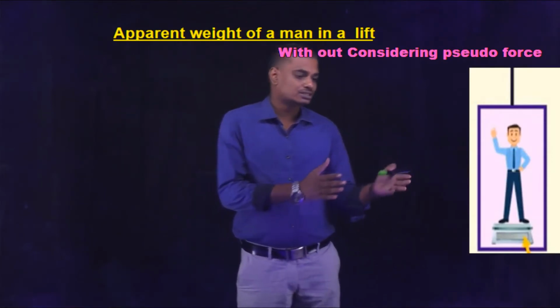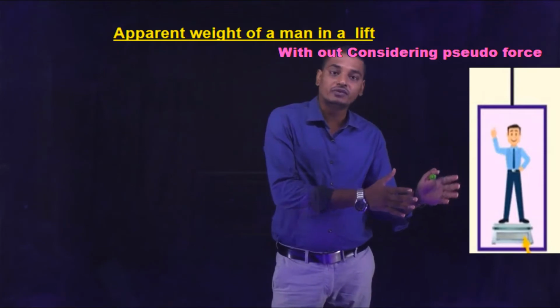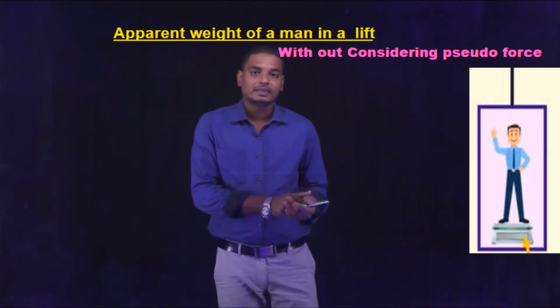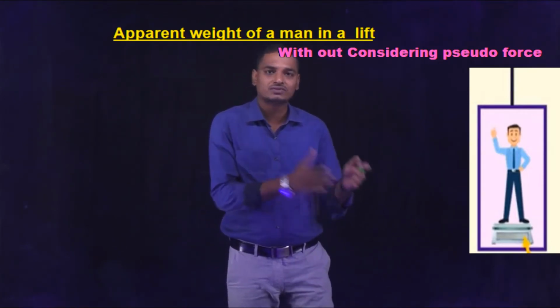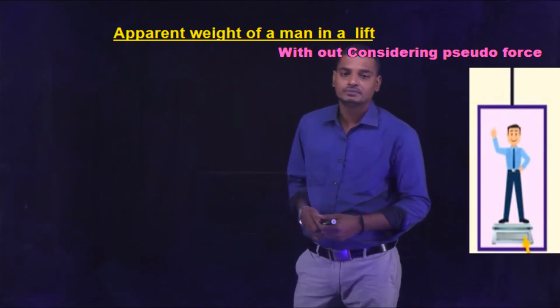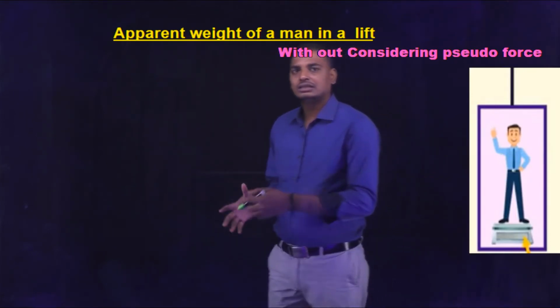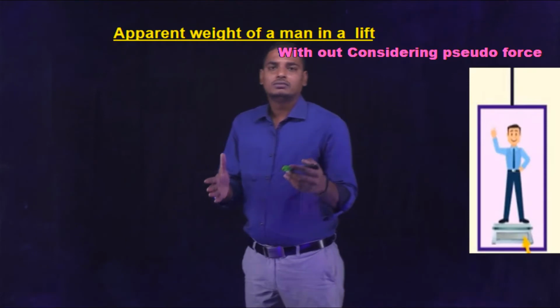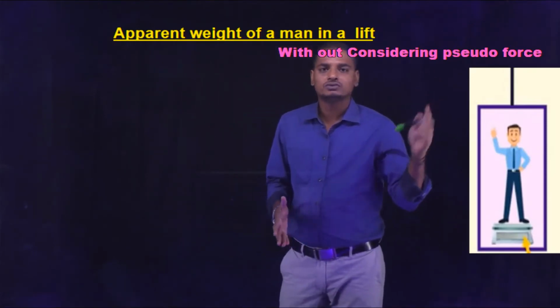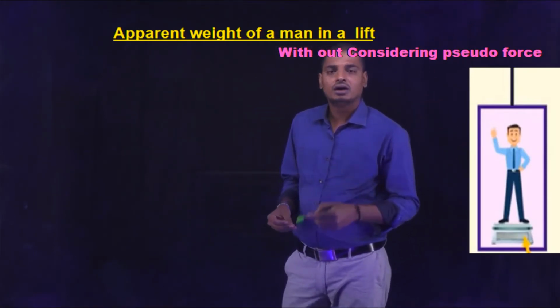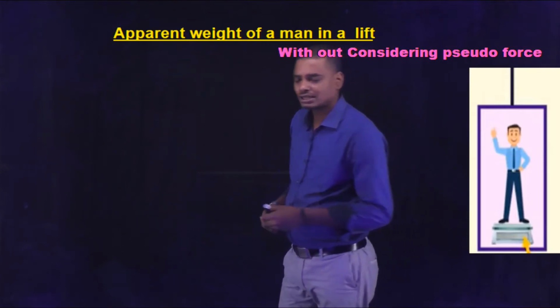When the person is outside the lift and observing the weight of the man in the lift, how do we calculate it, as we did in our last session? Consider the cases when the lift is moving upwards with an acceleration a, or moving downwards with an acceleration a.